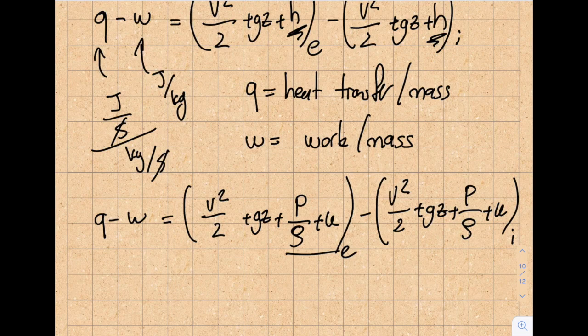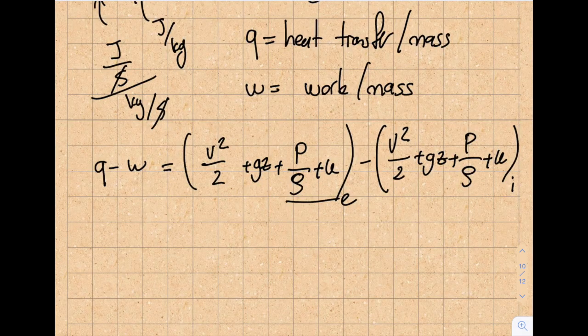So I want to rearrange this equation. I'm going to pick up this U exit and move it to the other side of the equation. If I move the plus U exit to the other side, I get a negative, so it's going to be Q minus U exit. I'll do a similar treatment for U inlet.